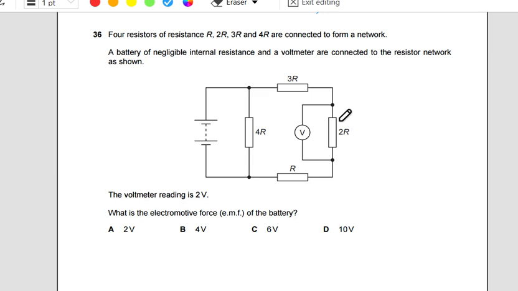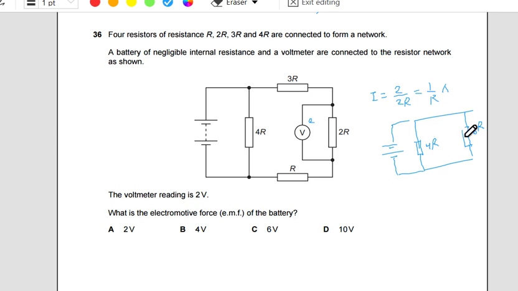As we have the potential across the 2R resistor as 2, we can find the current by dividing 2 by 2R. It is 1 over R ampere, and this circuit can be simplified like this, where we connect a 4R resistor in parallel with the battery, and also a 6R resistor in parallel with both of them.